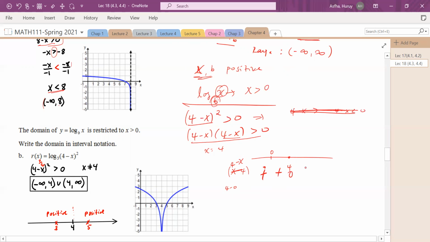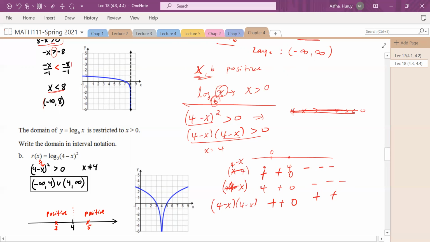And on the right side, it will be negative. And the same for the other 4 minus x: positive, 0, negative. Now, if I multiply these two, positive times positive gives us positive. 0 times 0 is 0, and then negative times negative is positive.